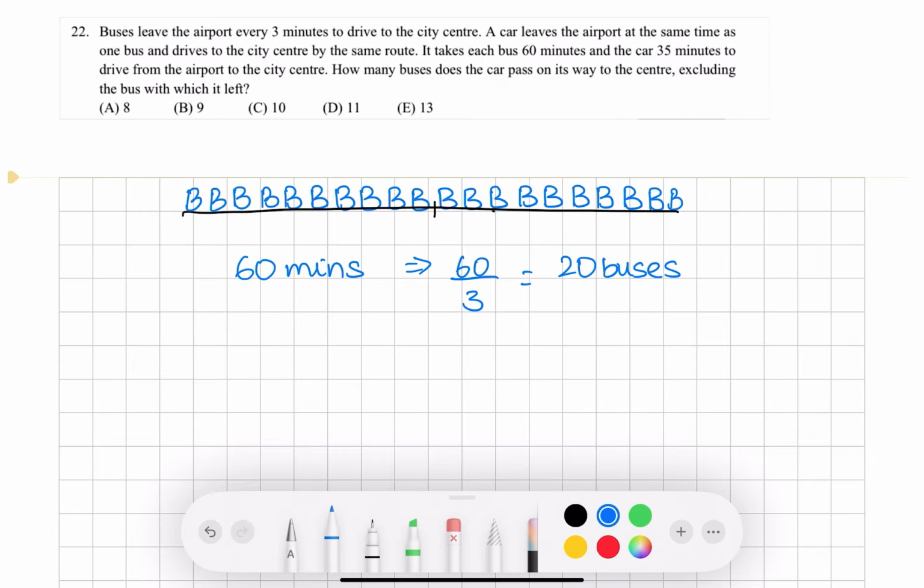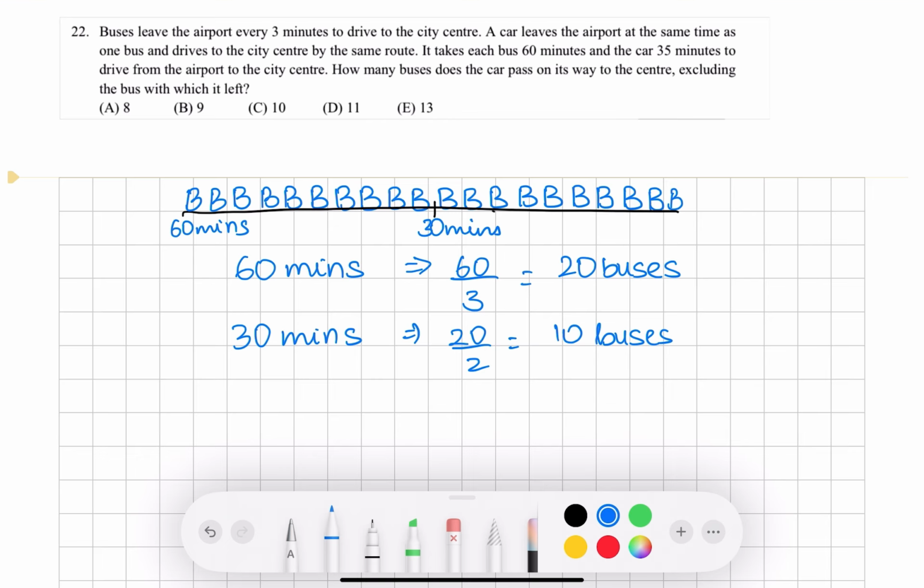So these B's indicate the number of buses. And if I were to say half an hour, in half an hour there will be 20 divided by 2 buses, which is 10 buses, right?